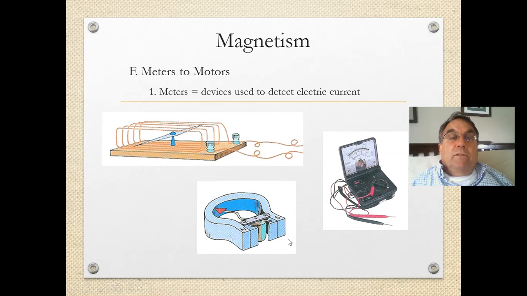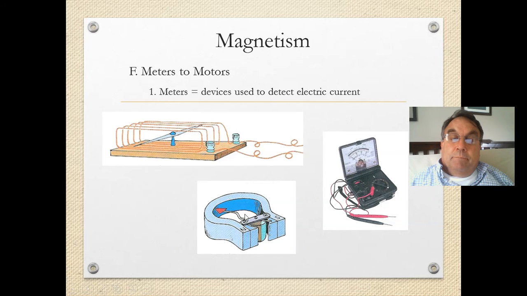Okay, so meters and motors. The way an electric meter, like a multimeter that can measure amps or current or voltage, works is it has coils, and then this would be a piece of iron or a bar magnet, and the direction and the strength of the current would deflect that magnet.